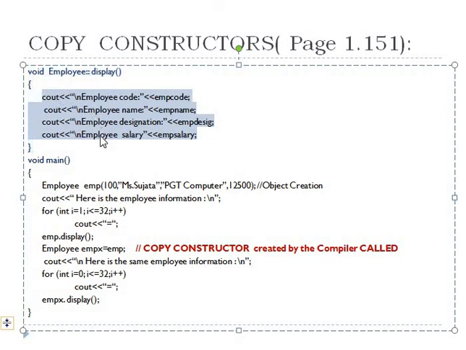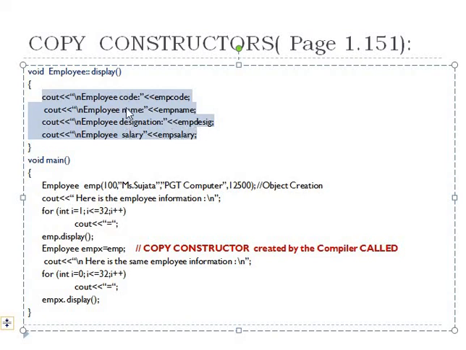The body region has 4 different statements. In the first statement it prints employee code, the value of the data member emp code, then employee name, the value of the data member emp name, then employee designation and employee salary with their data members emp desig and emp salary.